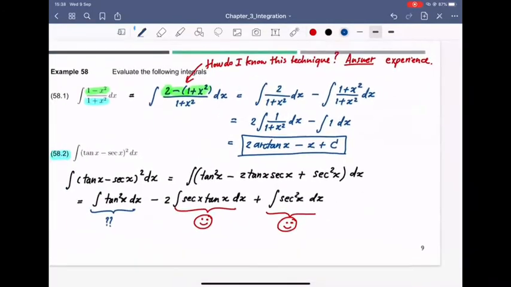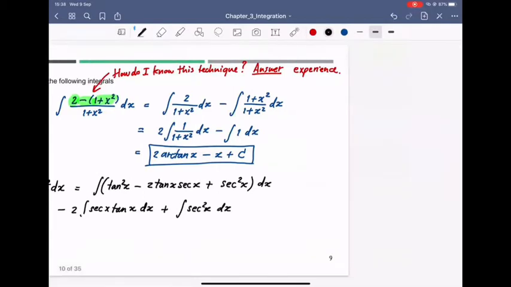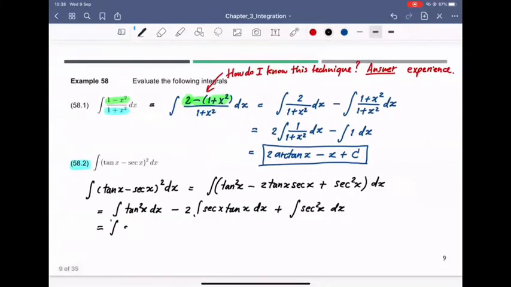That means I'm going to replace my tan square with secant square x minus 1. All right. Better, right? Because I see secant square now, and then I'm happy now.